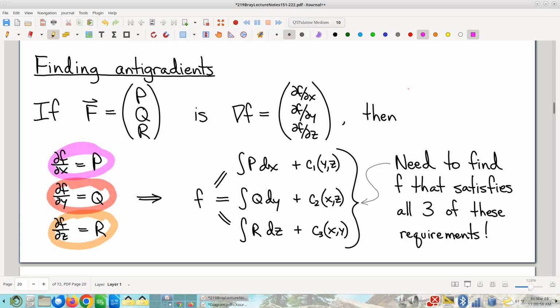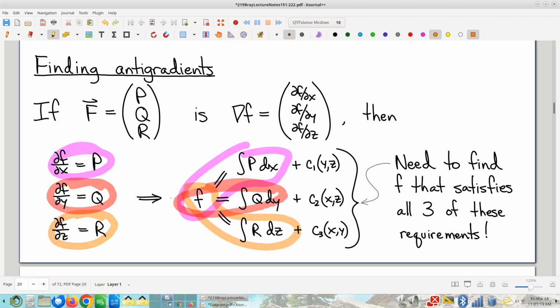What I have in purple says that P is the x partial of f. This just says f is the x antipartial of P. Same statement, really, just saying it backwards. And then likewise here, and likewise here.